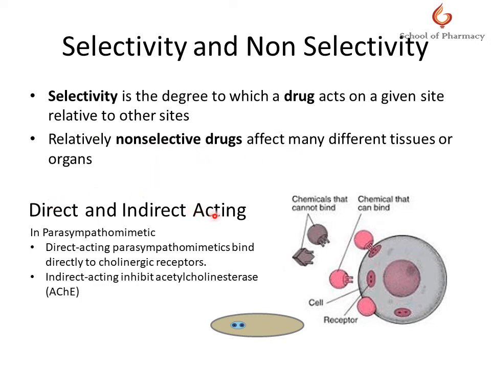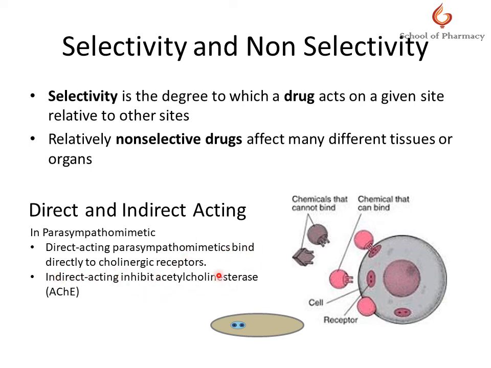Direct and indirect, taking an example in the parasympathetic context: a direct acting parasympathomimetic is one which binds directly to the cholinergic receptors, while one that inhibits acetylcholinesterase, which hydrolyzes the acetylcholine when it comes into the synapse after the presynaptic or preganglionic nerve, is indirect acting.